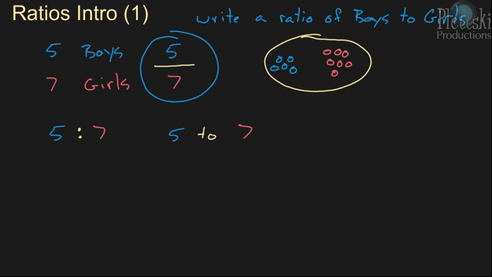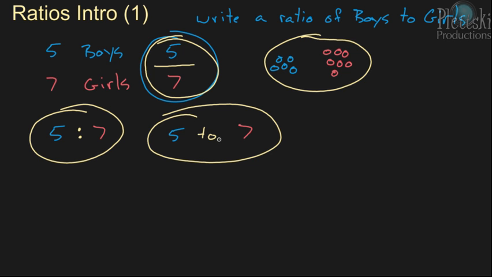And all three ways are okay. So whether you write it as a fraction like the first one, or with the colon, or with the actual word to, you read them all the same. You would read it as 5 to 7. So all three of these ways are valid.